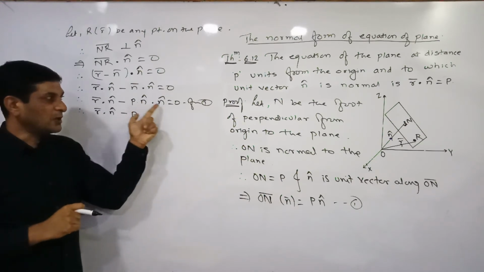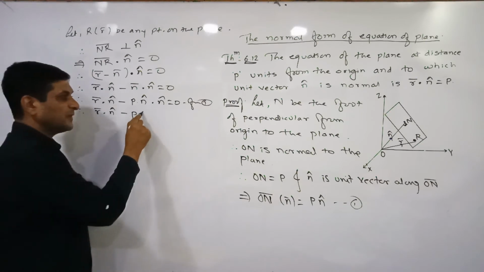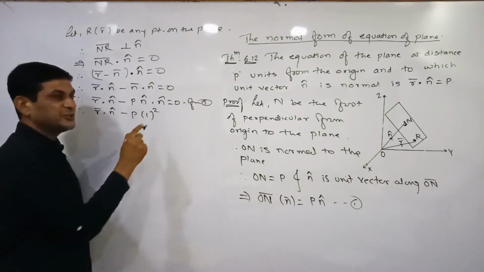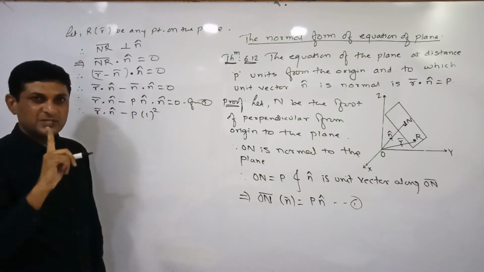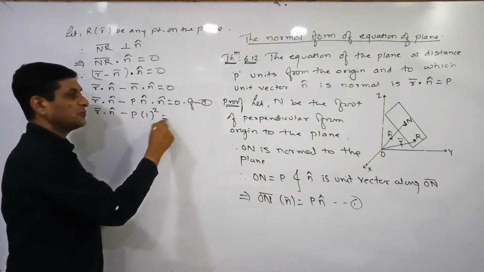Now we are finding the dot product of the same vector, and the dot product of a vector with itself is equal to the square of its magnitude. But N cap is a unit vector, so its magnitude is equal to 1. That's why we can say that N cap dot N cap is equal to 1 square.